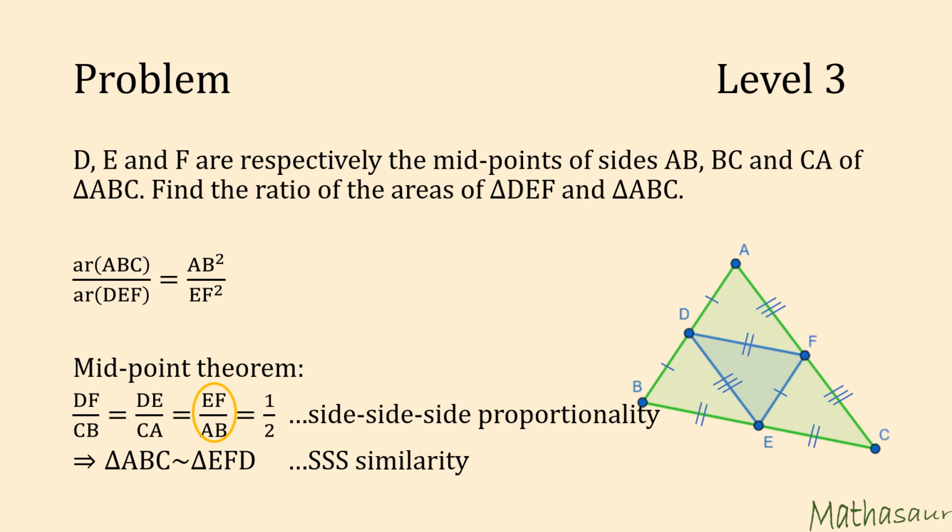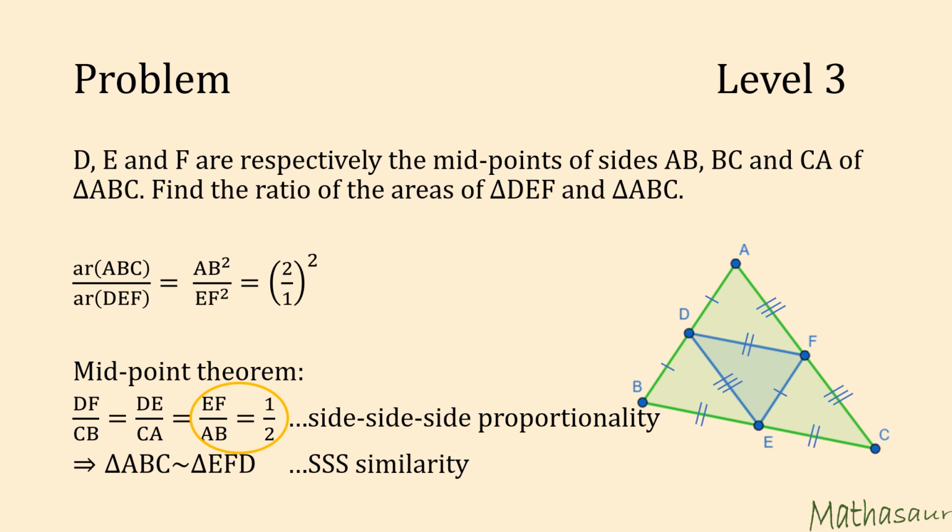So let us write area of ABC by area of DEF as AB square by EF square. Now we know that AB by EF is 2 by 1. Substituting, we get 4 by 1. So the ratio of area of triangle ABC to area of triangle DEF is 4:1.